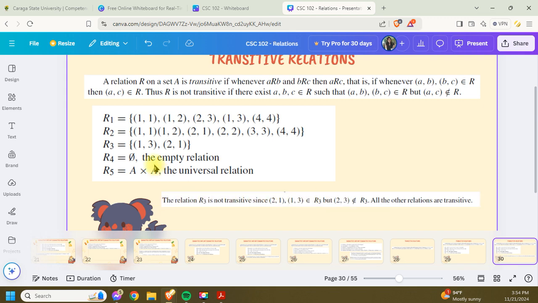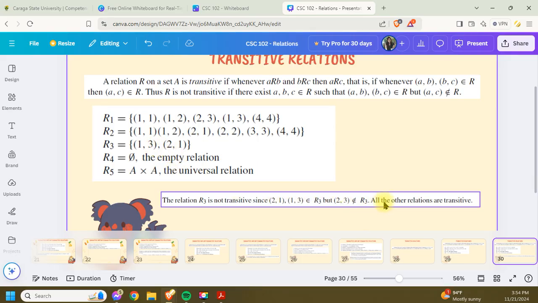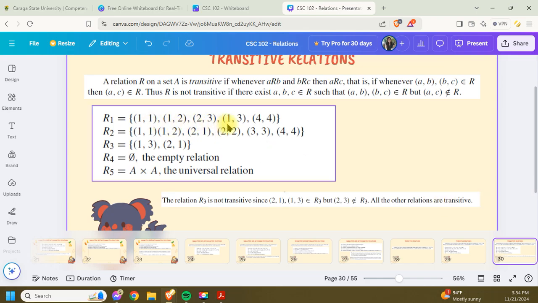So R3 is not transitive. Okay. So, (3, 3). Okay. The transitive pair is (2, 3), (1, 3).